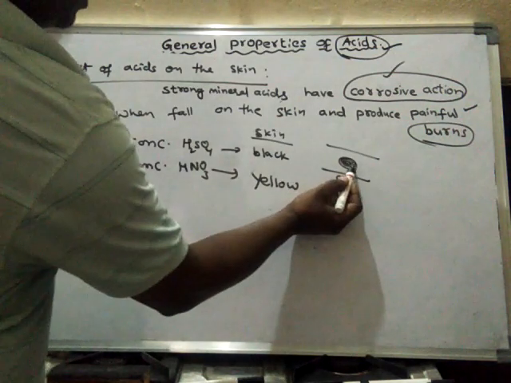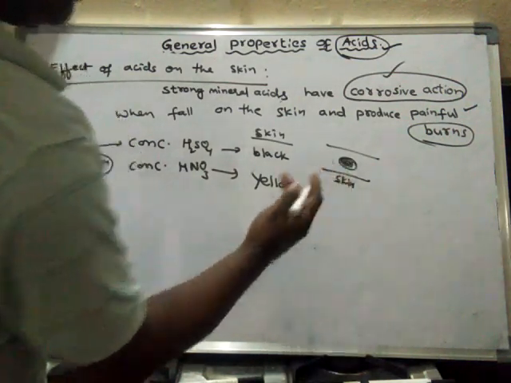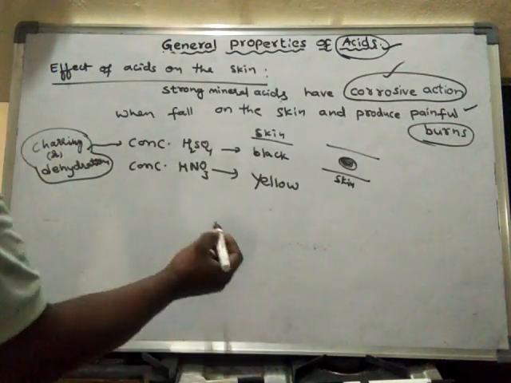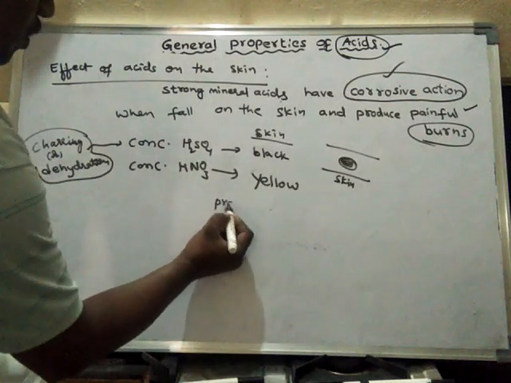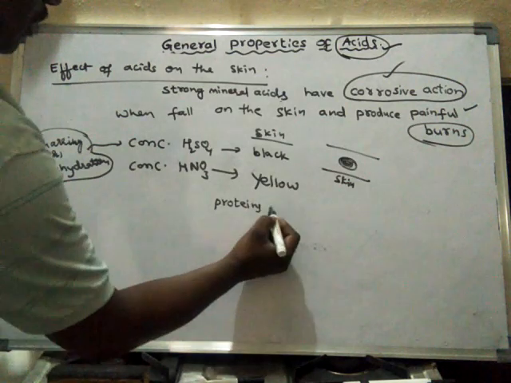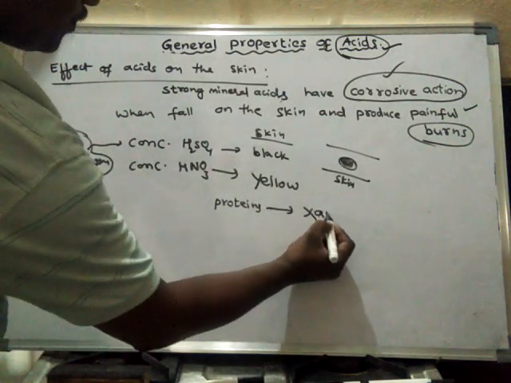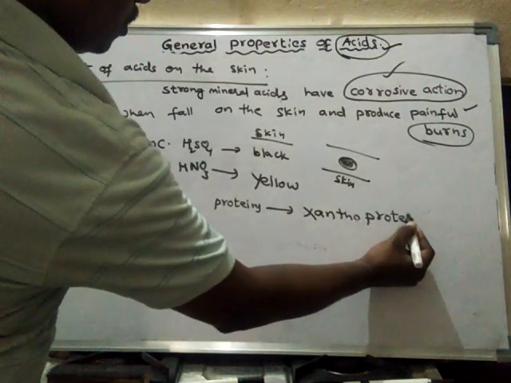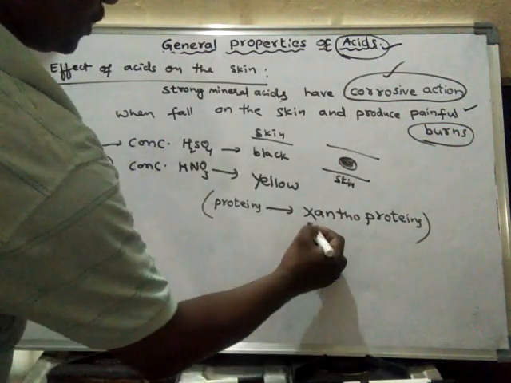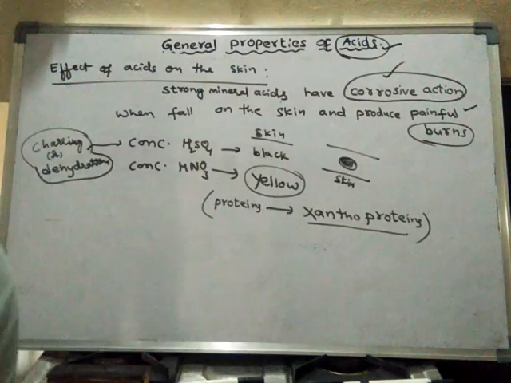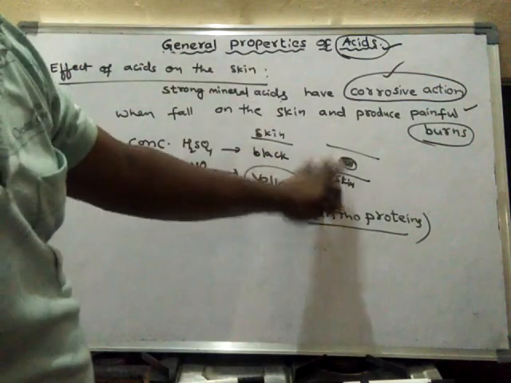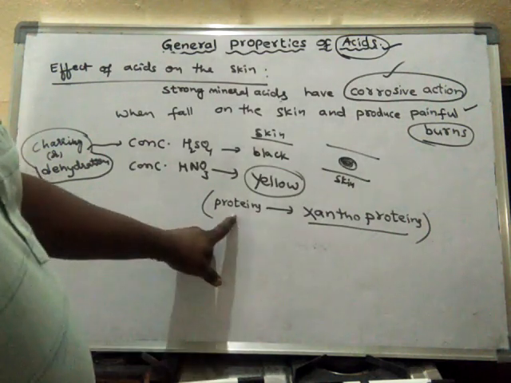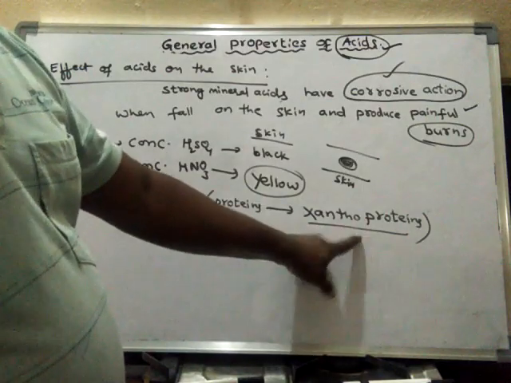Why? Because the skin is made up of lipids, proteins and other substances. Here the proteins are converted into xanthoproteins, which are yellow in color.